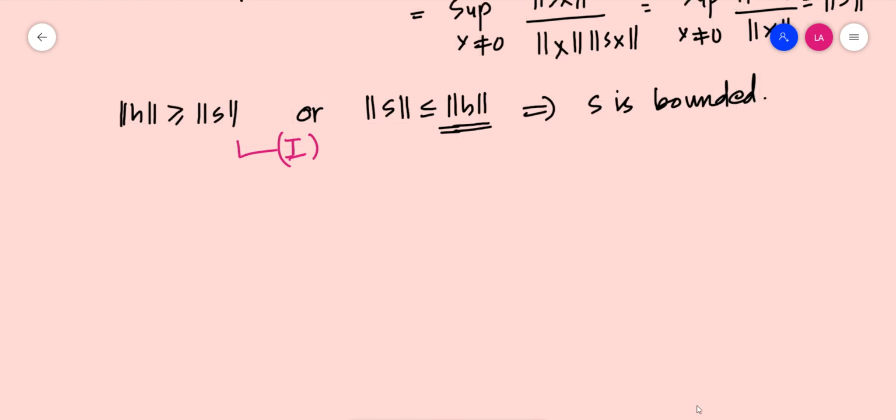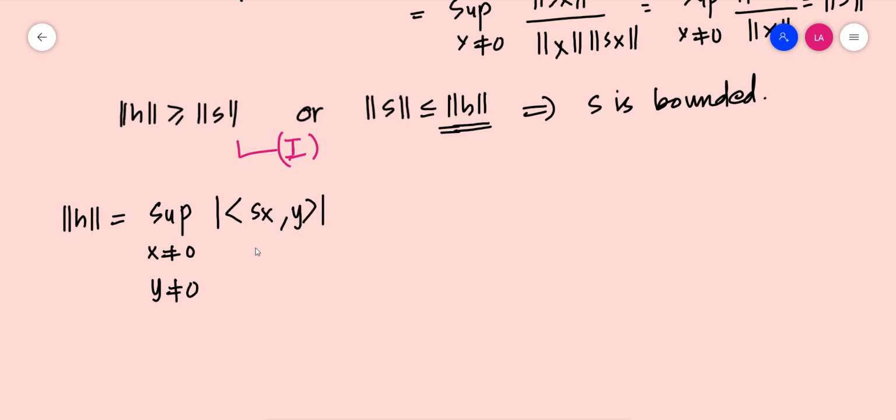To prove the reverse part, we consider norm h, which is equal to the supremum over x not equal to 0, y not equal to 0, of the modulus of h(x,y), which can be written as the modulus of the inner product (Sx, y), divided by norm x times norm y.